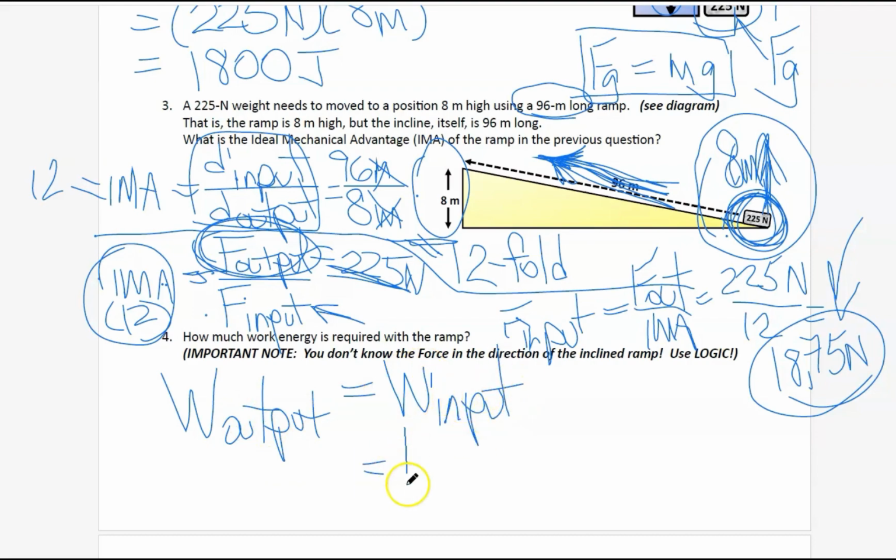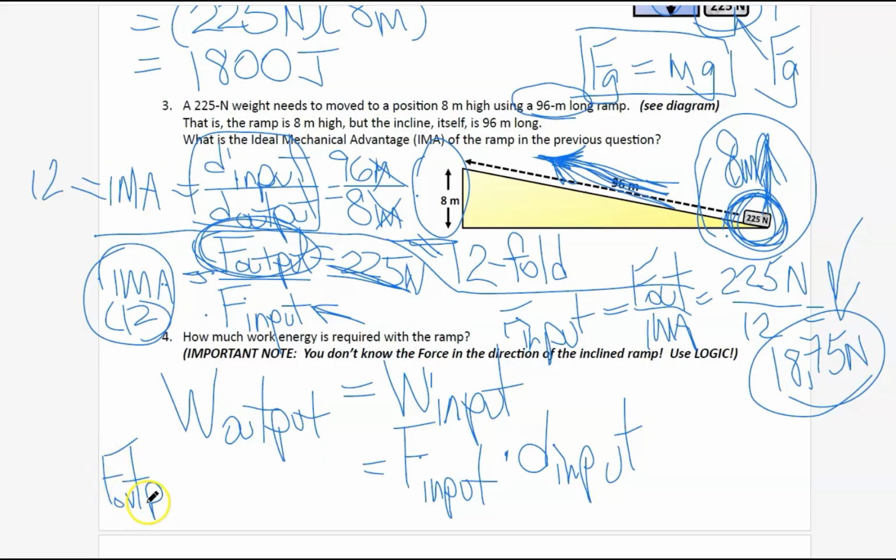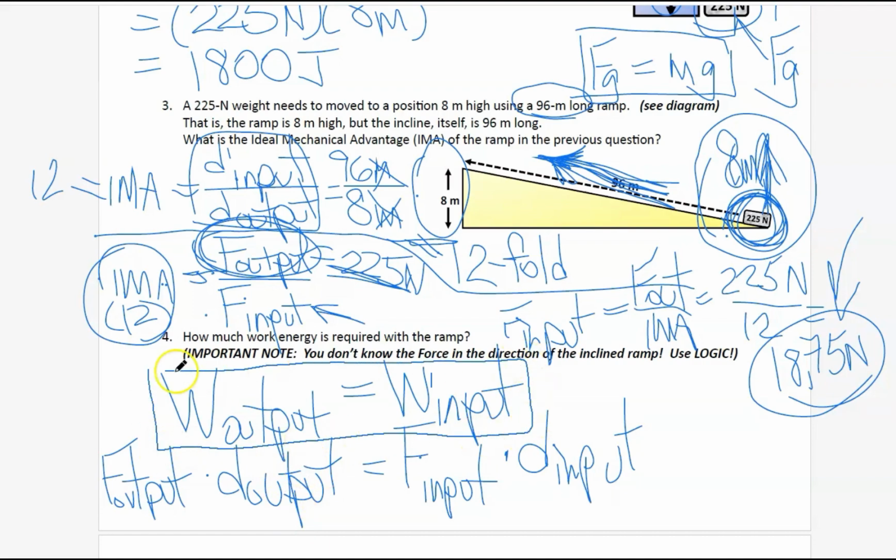The work you put in is the low force, the input force, times the long distance, the input distance. But the work you get out is the high force, the 225 newtons of weight force, times a short distance. The output distance would be 8 meters up. So these two work energies, these transfers of energy, are exactly equal if the machine is 100% efficient.